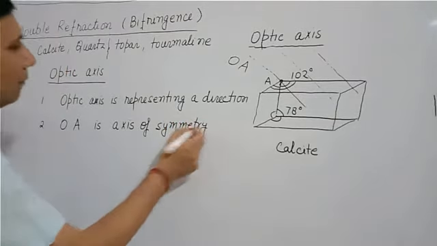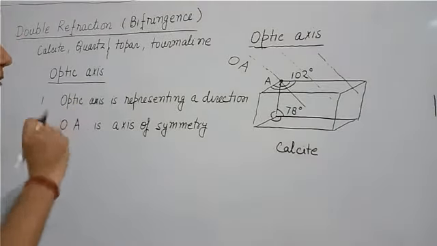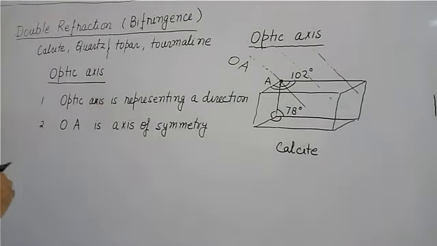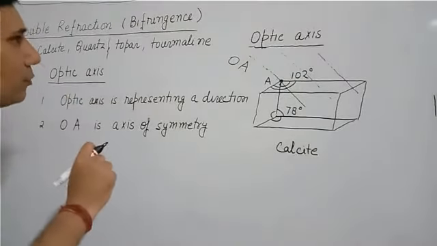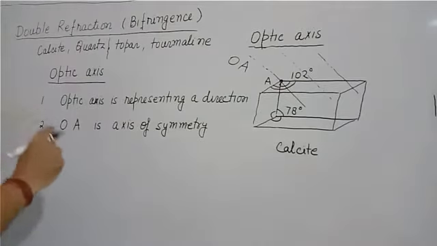What is the meaning of axis of symmetry? To understand the meaning of axis of symmetry, if we go to microscopic level, then we will find out that at the microscopic level, the atomic or molecular arrangement around this axis is very much symmetrical.